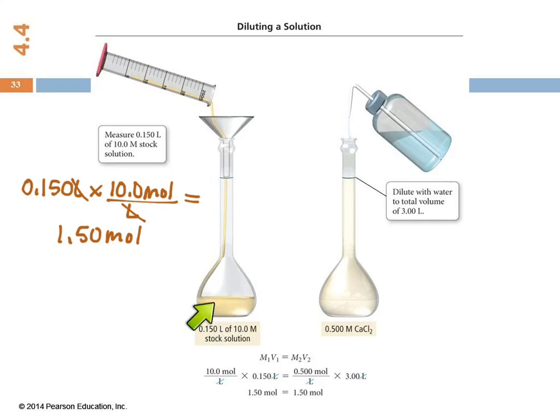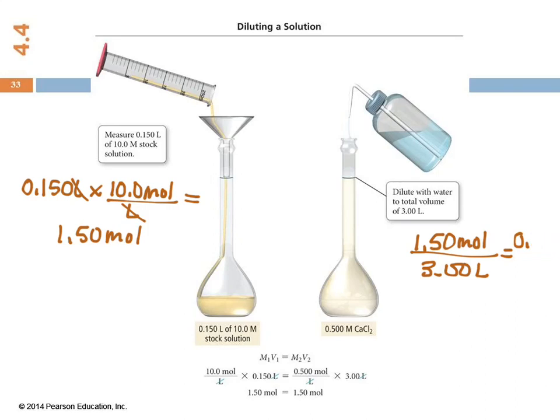So we're putting that much solute in here from that solution, and then we're going to add water until the volume is now 3 liters. So we've got this much solute now in 3 liters of solution. So if we take that 1.50 moles and divide by 3.00 liters, we get 0.500, right?